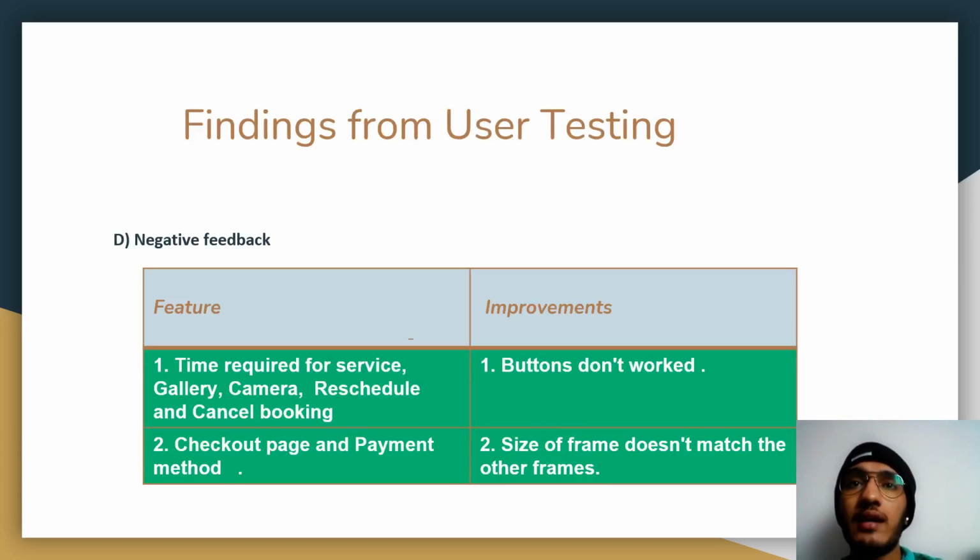So as there was positive feedback, here is the negative feedback. First of all, there were slides which were not in the application, and the buttons didn't work because we hadn't added any Figma slide, but we improved this in the current Figma app.